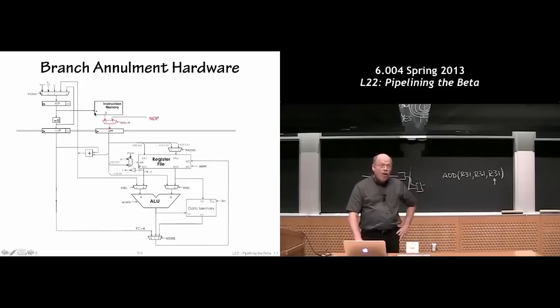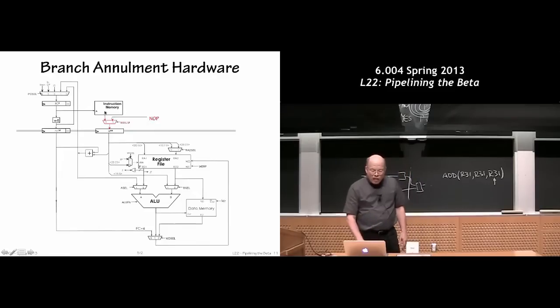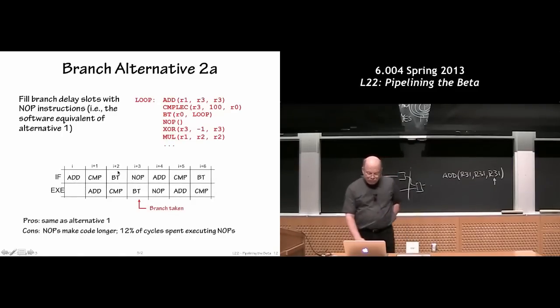When we do that, we know we're no longer going to be executing the fetched instruction, because that's the instruction that we're going to throw away. We simply use a multiplexer and put in a different binary representation of one of our no-ops in order to rewrite the instruction that we fetched into something that will have no effect on the state of the machine. So the hardware is not very complicated. It just has mostly a cost in performance.